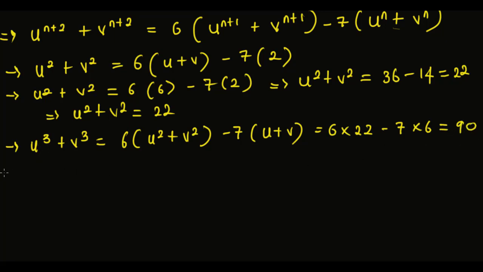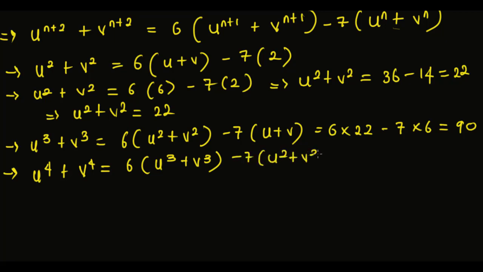And for n is equal to 2, we're going to have that u^4, that is u raised power 4, plus v raised power 4 is equal to 6 into u cube plus v cube minus 7 into u square plus v square. Now u cube plus v cube is 90, which is over here, and u square plus v square is 22, which is over here.